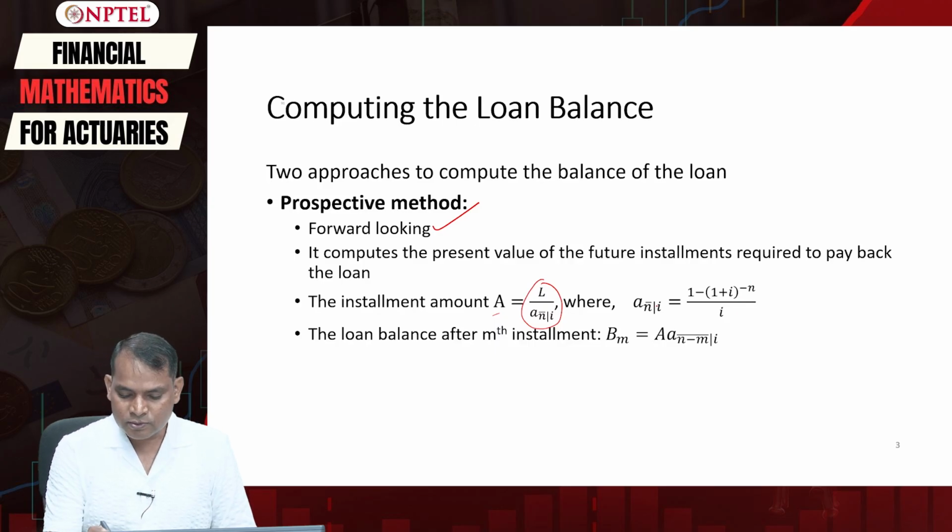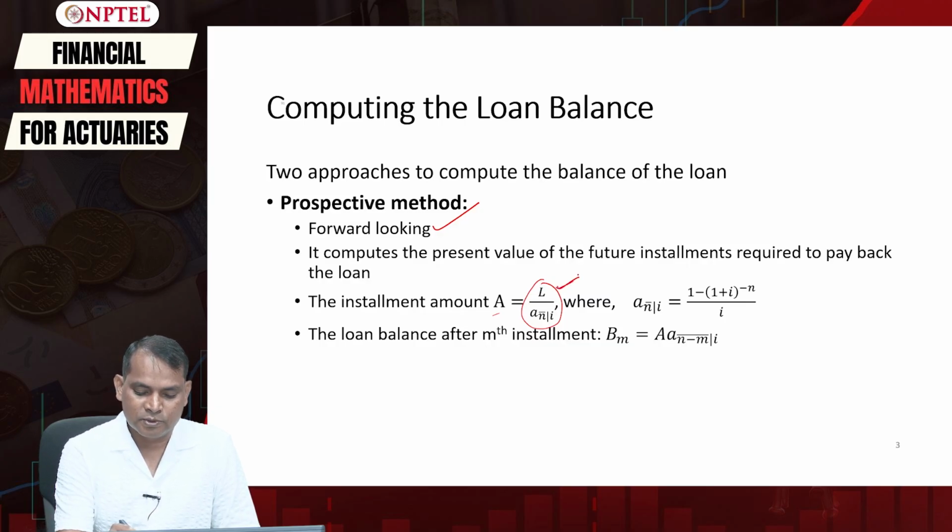You will also call this the present value interest factor for annuity, given n years and interest rate i. I believe you have understood how to compute the installment amount. Please remember this formula is very important.